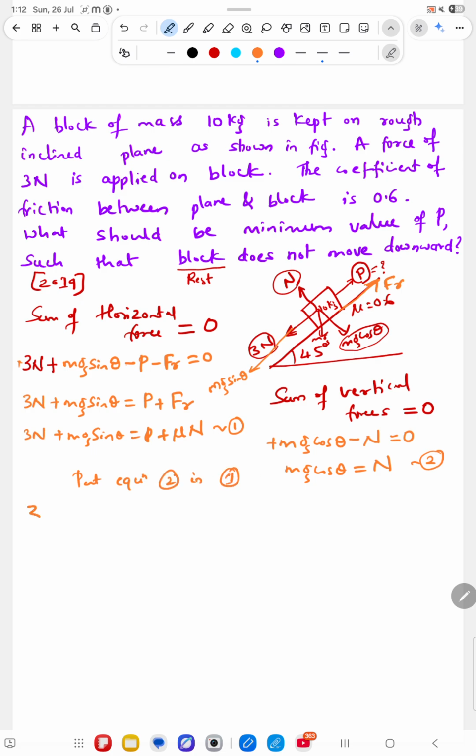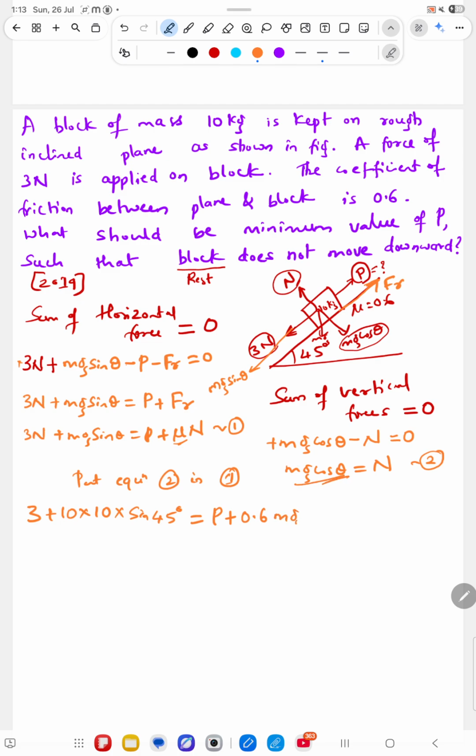Now this is 3 Newton plus mg, where m value is 10, and g value I will also take as 10, the acceleration due to gravity being 9.8, approximately taken as 10, and sin theta here is sin 45 degrees, equals P, which we don't know, plus mu, and this mu value is 0.6 as they have given, and the N value I have got here is mg cos theta.